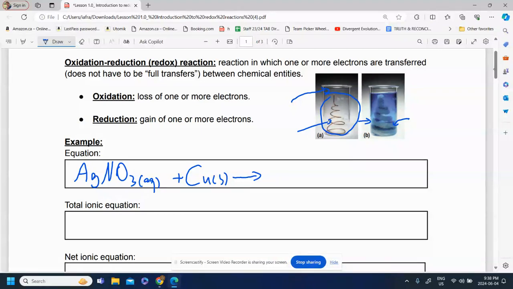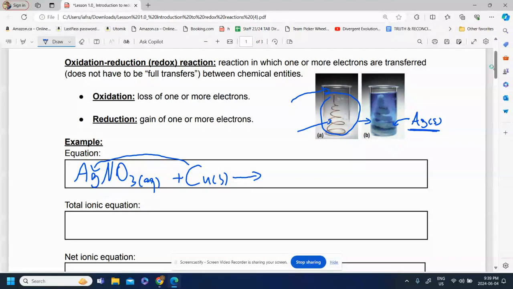And that solid, that's actually silver. It's actually solid silver. You might recognize this as a single displacement reaction, where the copper kicks the silver out of the solution.